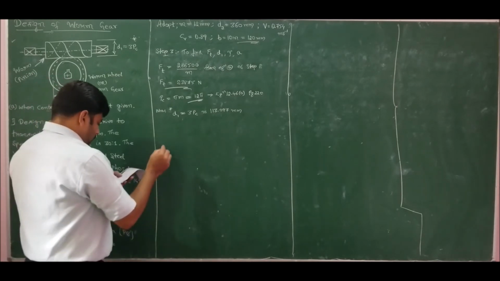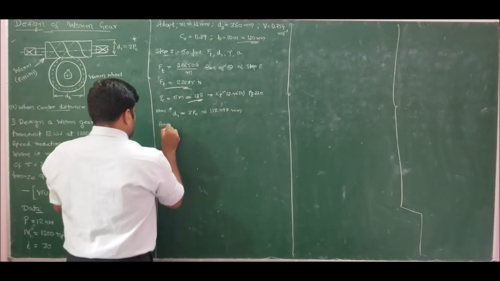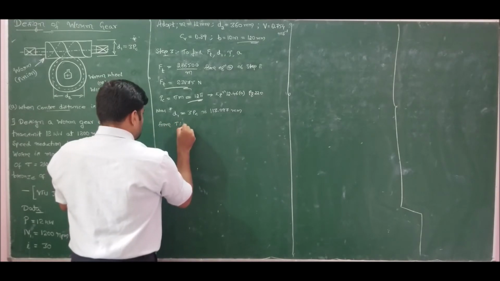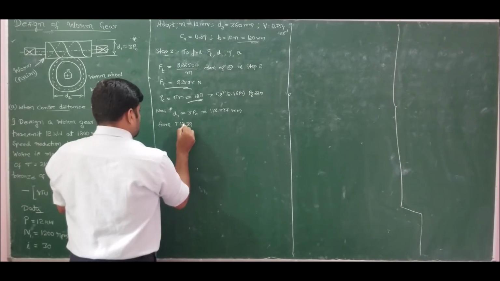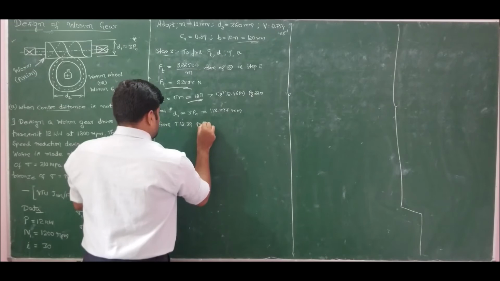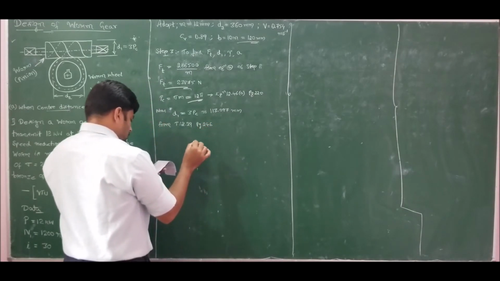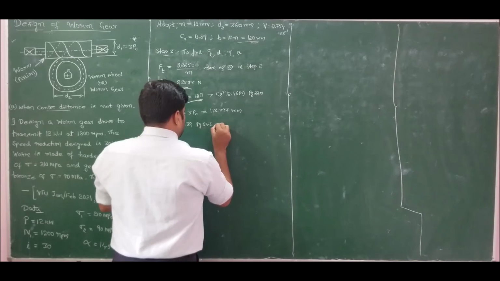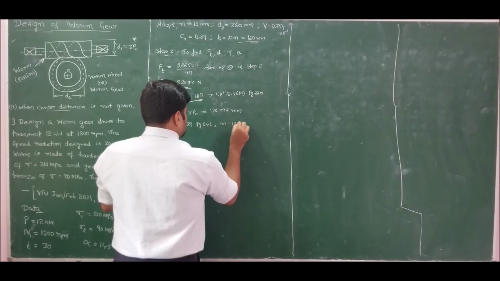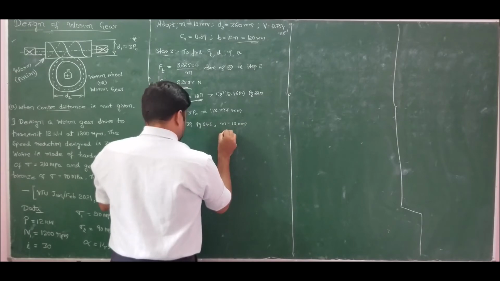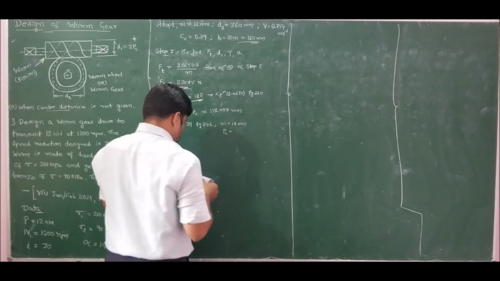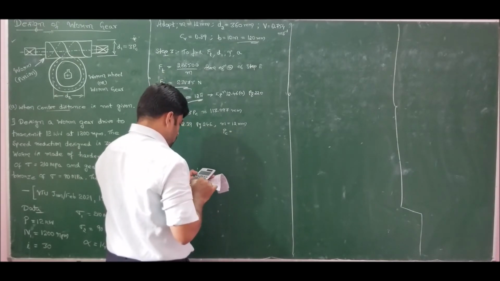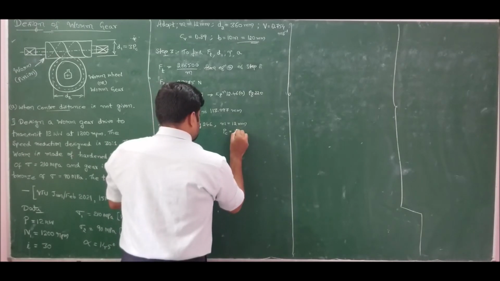Now from table 12.29, referring to page 246 of our design data handbook, for module equal to 12 mm and circular pitch equal to 12 pi, which is 37.699.